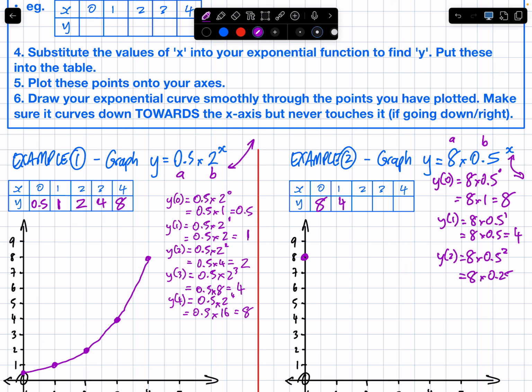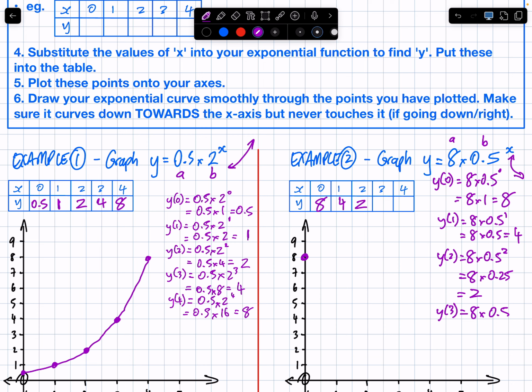y when x is 3, 8 times... Someone with a calculator, could you work out what 0.5 cubed is? 0.125.